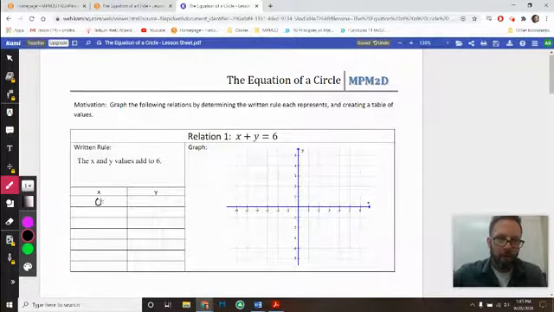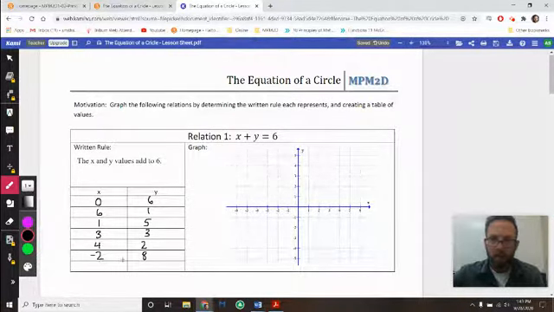You can get some easy ones like 0 and 6, 1 and 5, 3 and 3, 4 and 2, or 5 and 1. But you can get some negatives like -2 and 8, or I think that's actually off my graph, but you get the idea. Something like, let's just go 2 and 4.